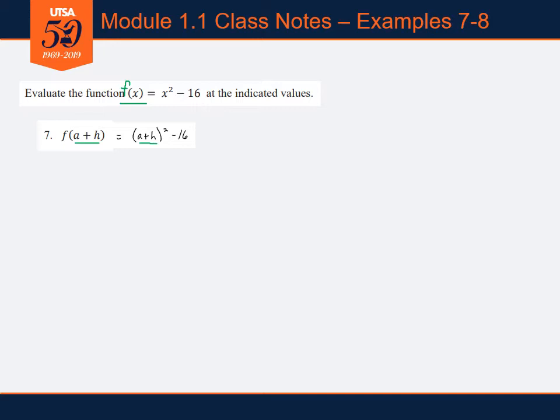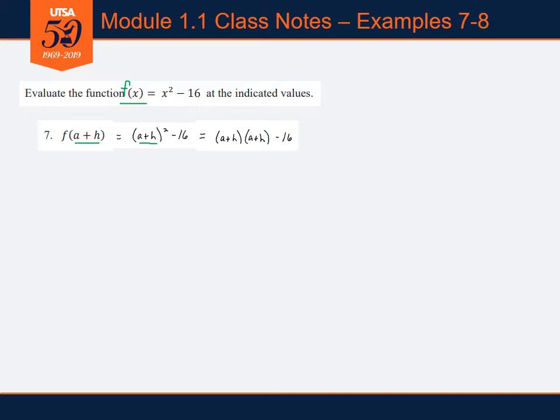Now, we do want to simplify and expand and reduce our answer as much as possible, and I'll do that by squaring a plus h. Just be careful that when you square a plus h, you are multiplying a plus h times a plus h, which means that you're going to FOIL.